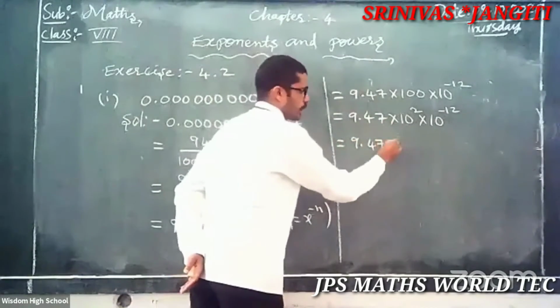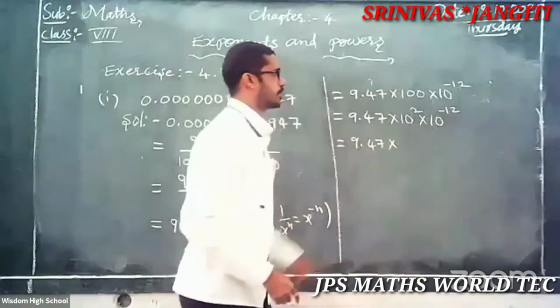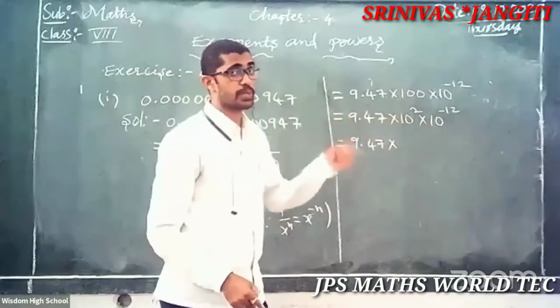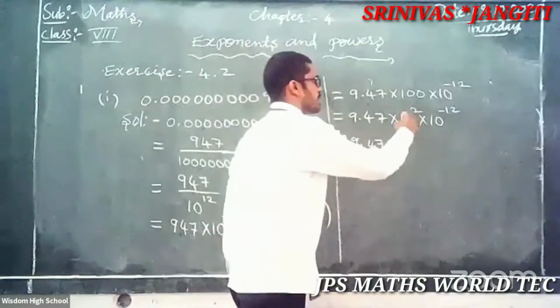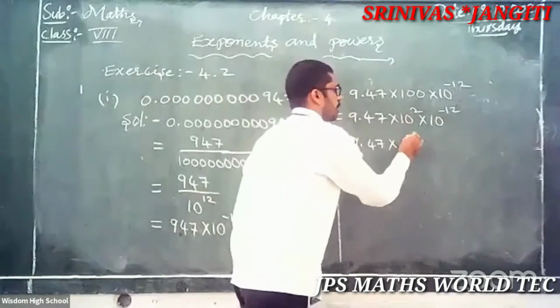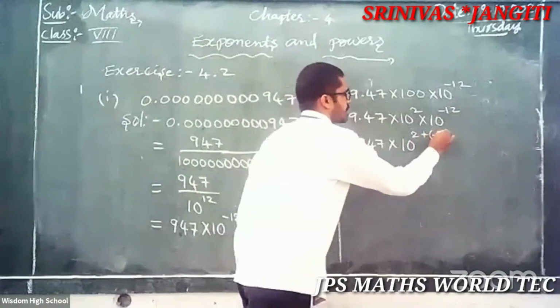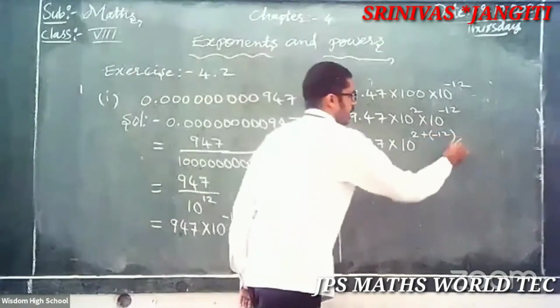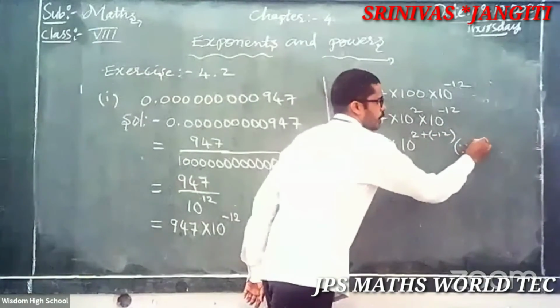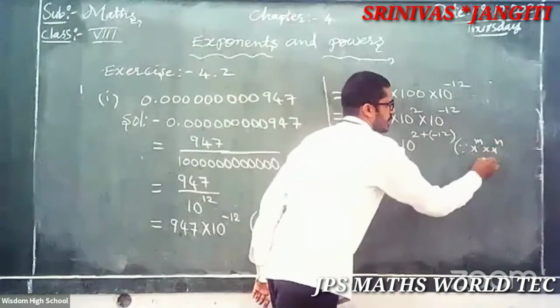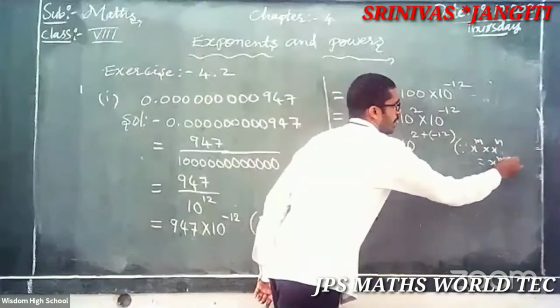That is equal to what is here? 9.47 into, both looking like x to the power of m into x to the power of n. Then x to the power of m plus n only now. Then what is here? Tell me. 10 to the power of 2 plus minus 12. How is this, you will know? Because x to the power of m into x to the power of n is equal to x to the power of m plus n.